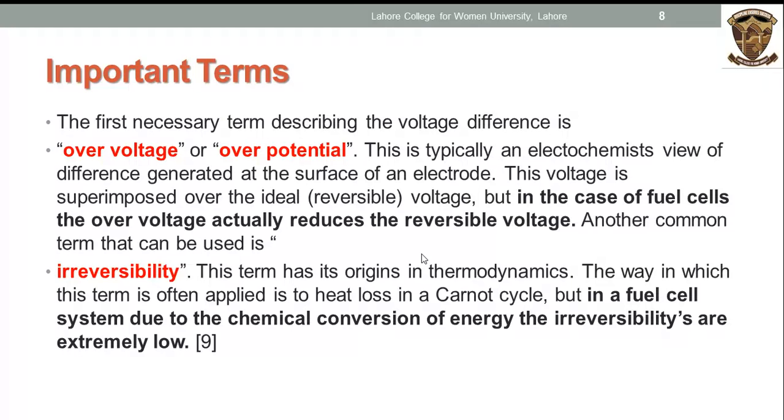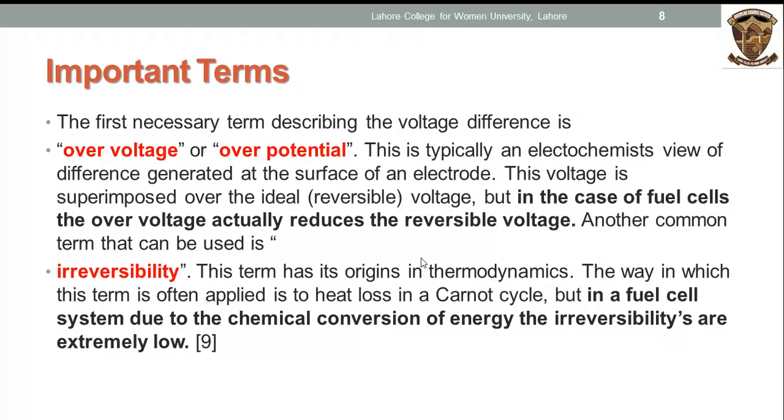Over voltage or over potential is typically an electrochemist's view of the difference generated at the surface of an electrode. This voltage is superimposed over the ideal reversible voltage, but in the case of fuel cells, the over voltage actually reduces the reversible voltage. Another common term that can be used is irreversibility.